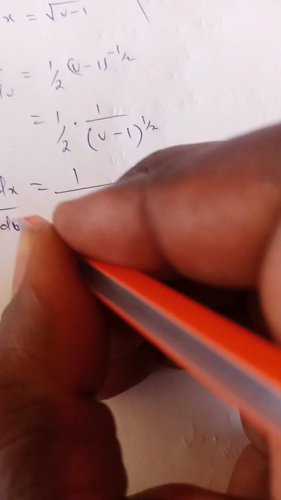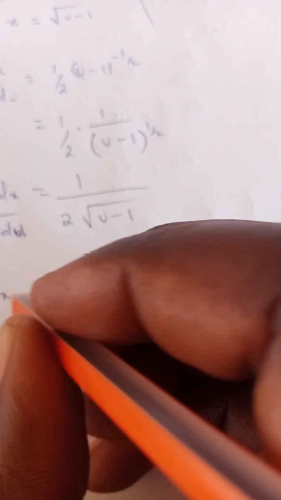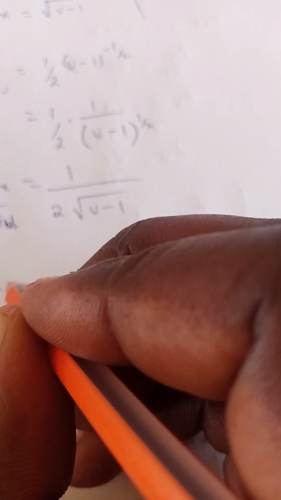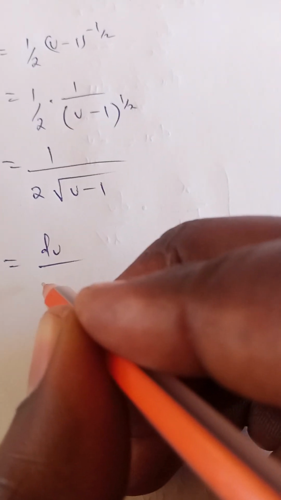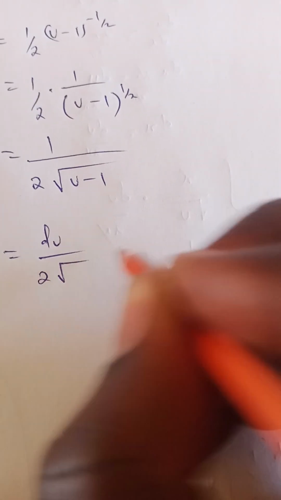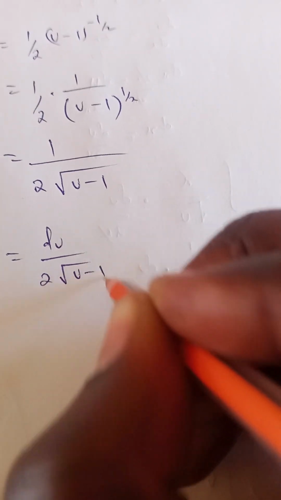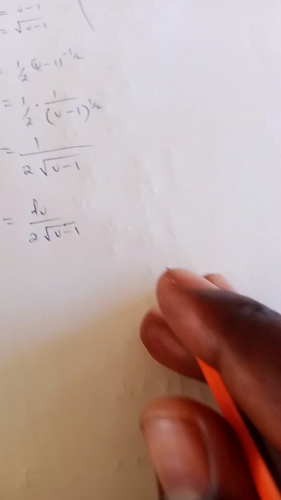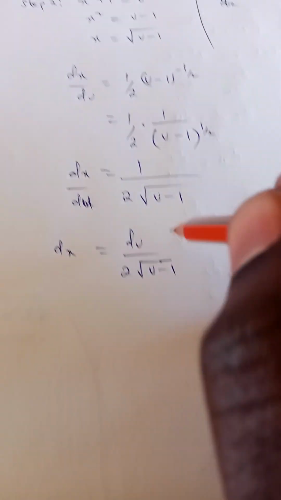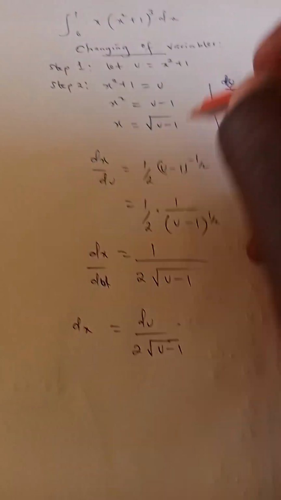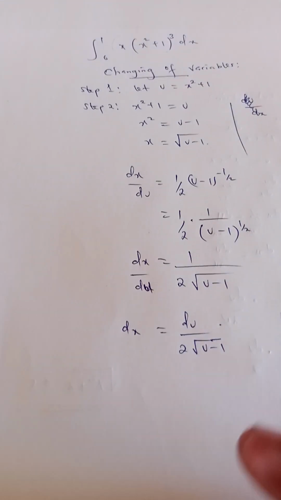So we just cross and multiply, and dx is going to be du over 2 root of that.